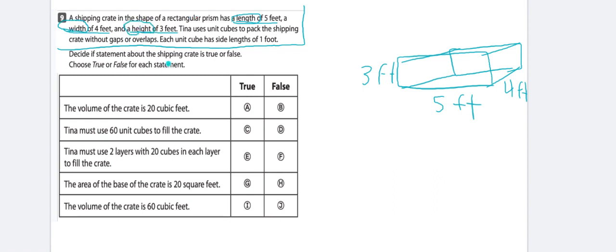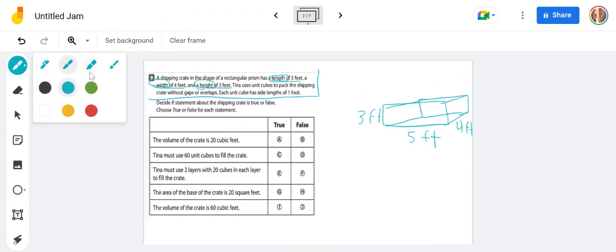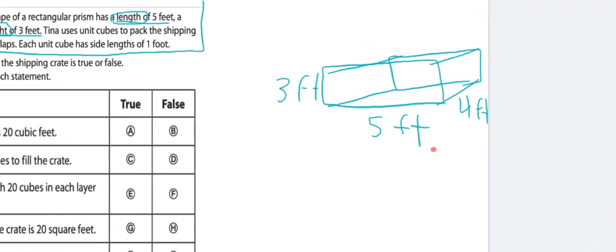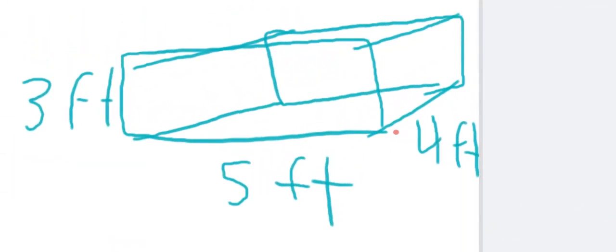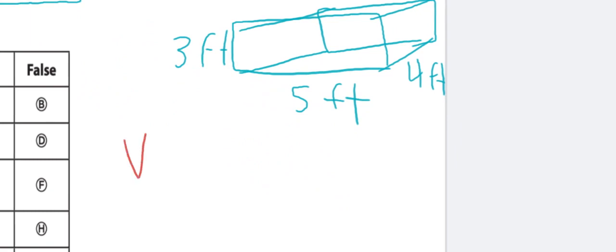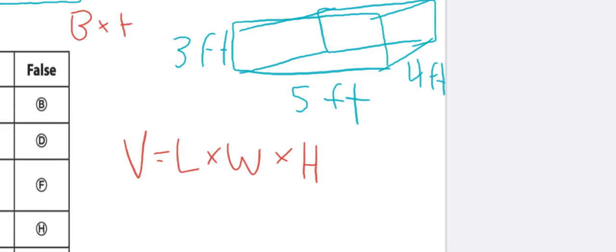So what do you think it's asking me to find? I agree. It's most likely asking me to find the volume. And I know that I can use 2 different formulas for this. I can do length times width times height. And I could also do, and I'm going to write this over here, base times height.